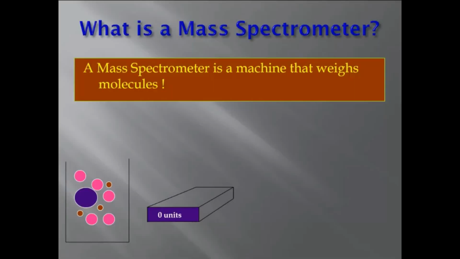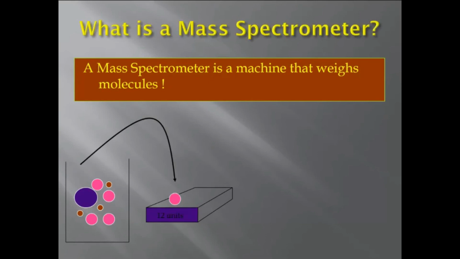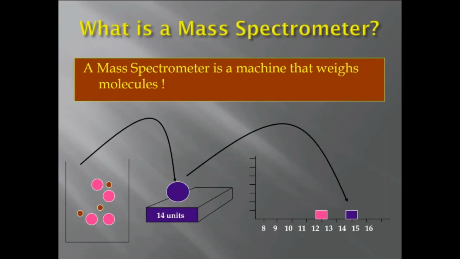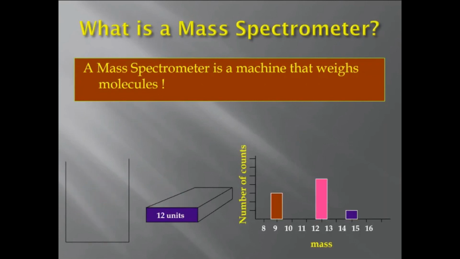Generally, as I told you, it's like a weighing machine which weighs the molecule, and the molecule is getting fragmented. Depending upon the weight of the fragments, you'll have different peaks. If I have a weight of 12, it will come around 12. Then I have a weight of 14, so it'll come on 14. Then a weight of 9, it will come on 9. So I'll have different fragments depending upon the weight.